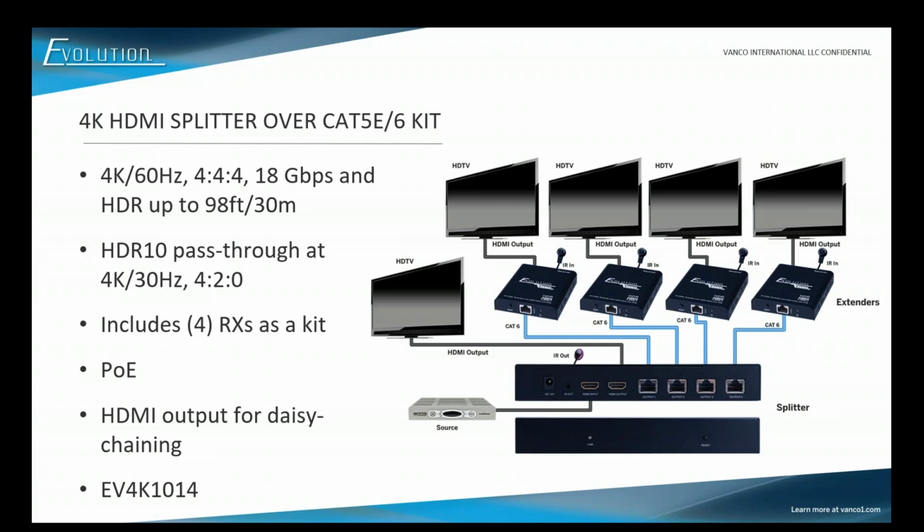If you do want HDR, passes through at 4K 30, so we've got to drop down the refresh rate and the chroma subsampling. Okay, this particular unit actually comes with the main splitter and the 4 receivers in the box as one complete kit. And again, the receivers are actually PoE, so that way you don't need power supplies behind each display.